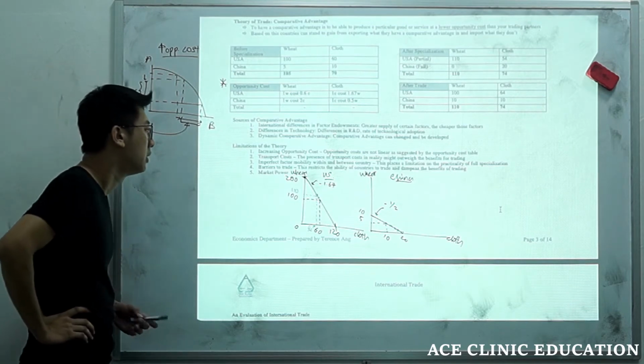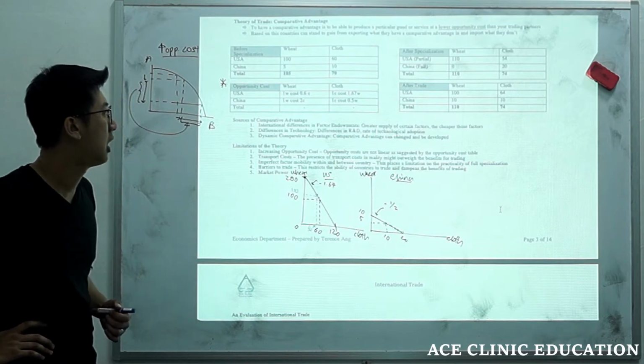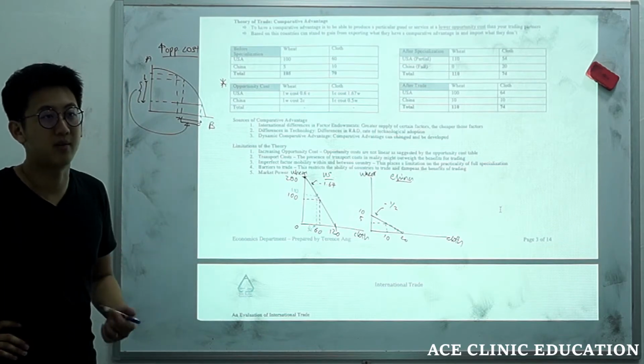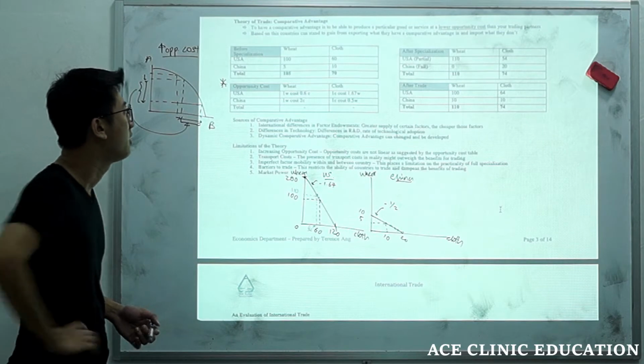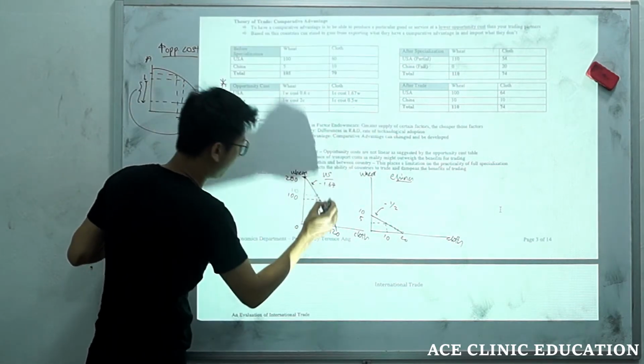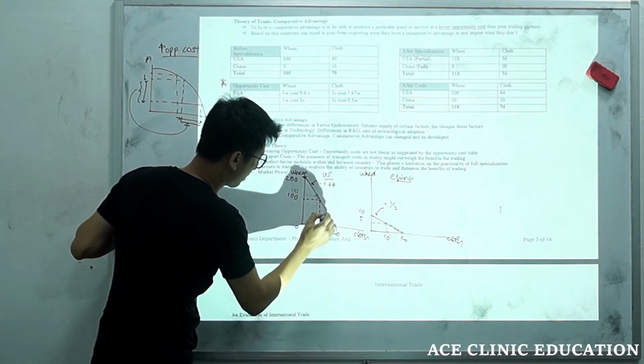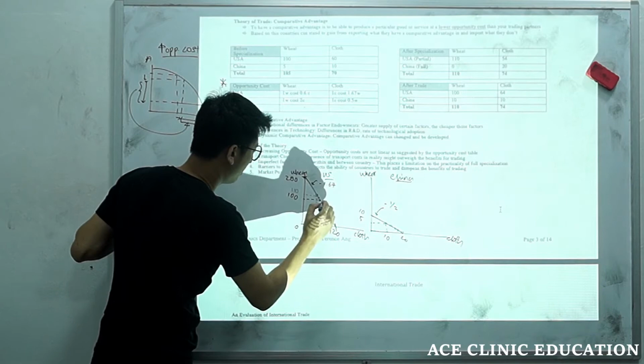Now, the last thing we want to show is the final traded amount, like the final amount that they're actually consuming. So if we try to reflect that, then 164 for the US will be at a point like this. This will be 64.